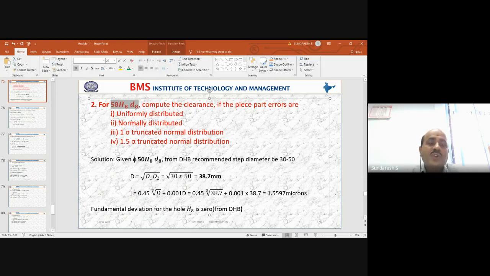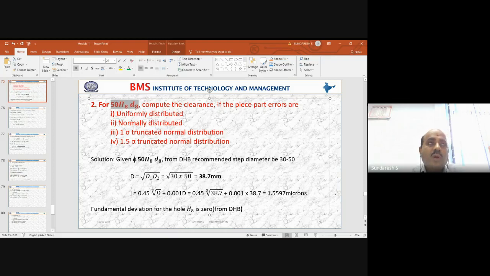And coming to the last one, small d is used for representing a shaft. Small letters are used for representing a shaft. And of course, 8 is a tolerance grade. So this entire 50 H8D8 represents a type of fit.